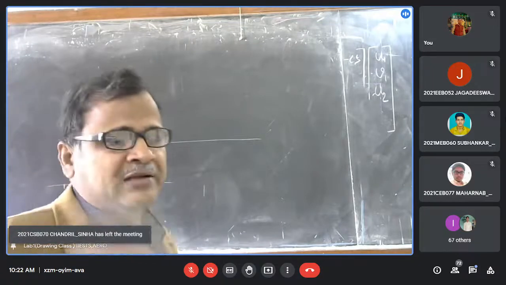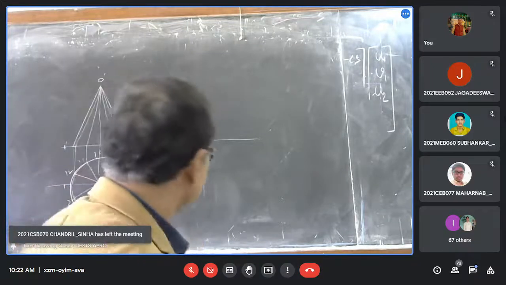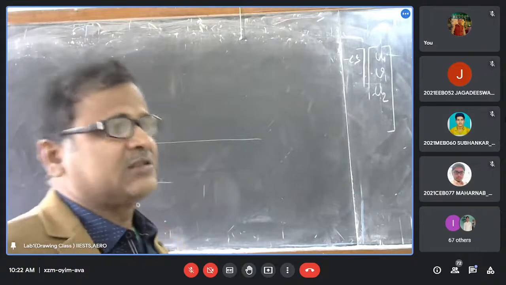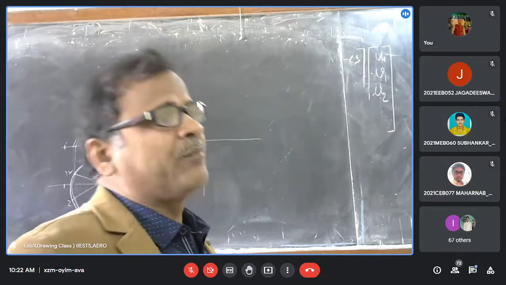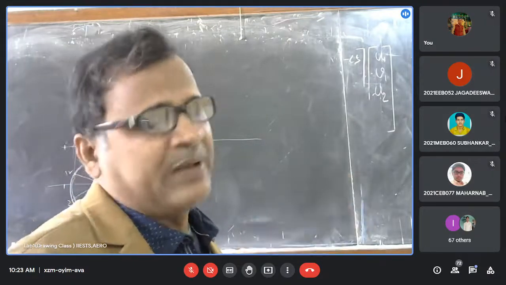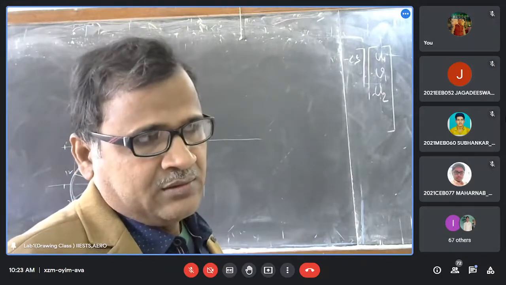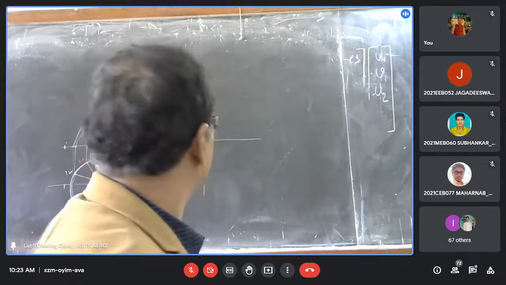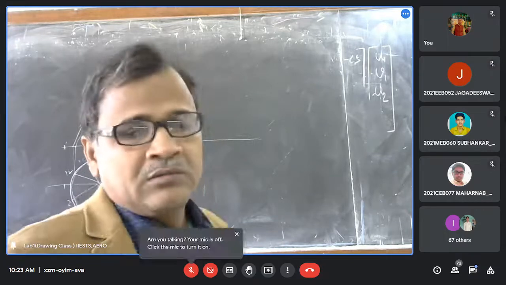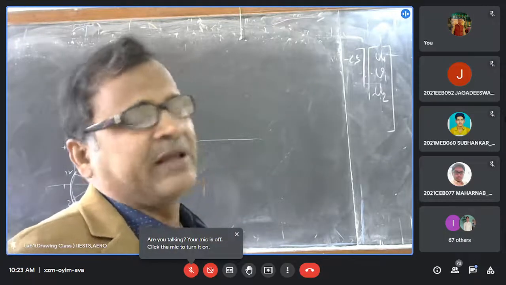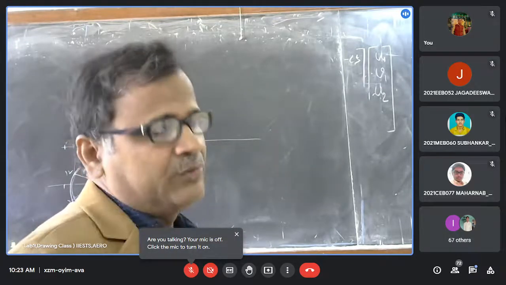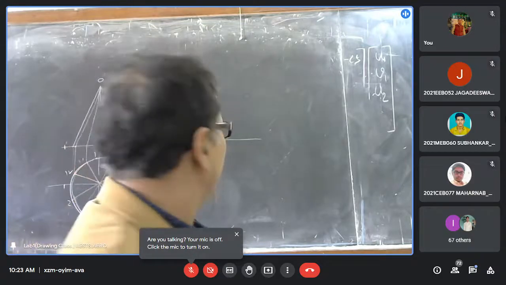Now if we add another condition, it is resting with one point on the circumference of the base and axis making an angle, maybe 30 degrees, maybe some angle with the horizontal. Then what will be the elevation and plan?